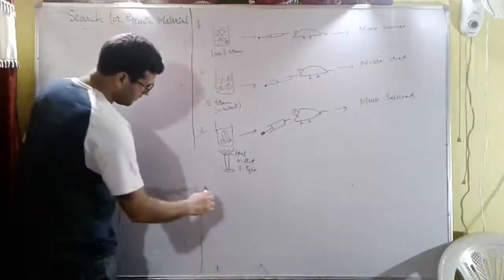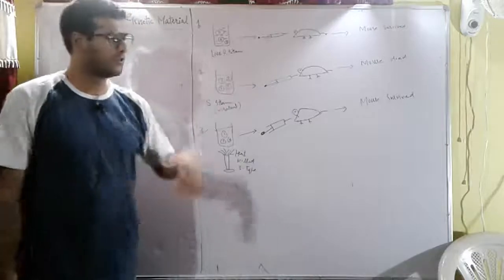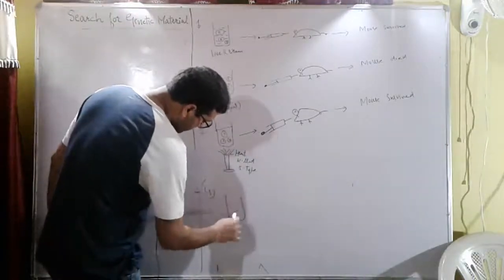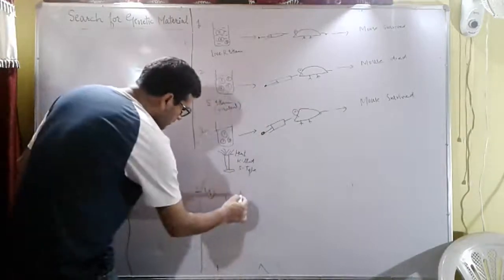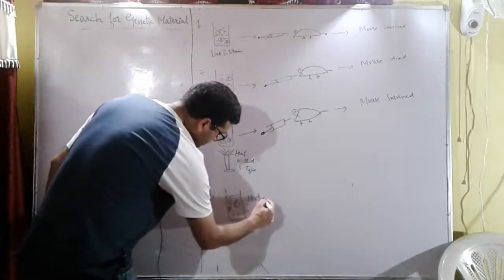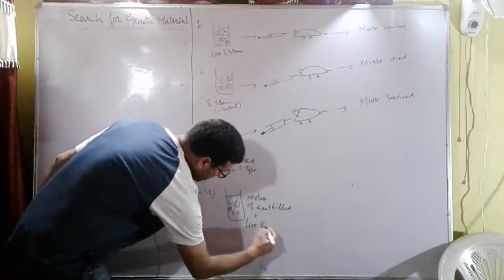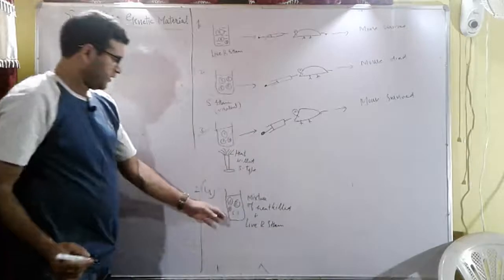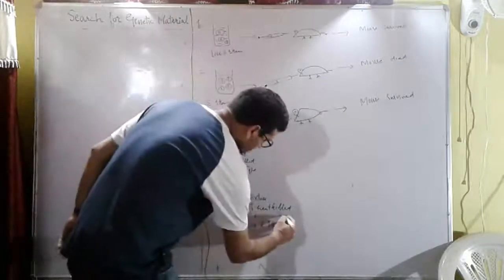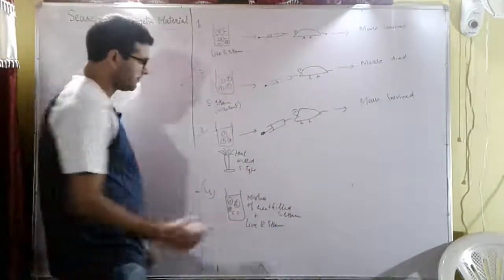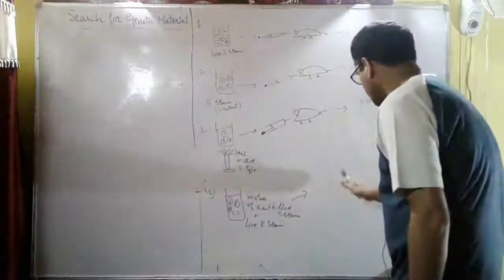Now, in the fourth case, he introduced a mixture of heat killed S-type bacterium and live R-type bacterium into the mouse.